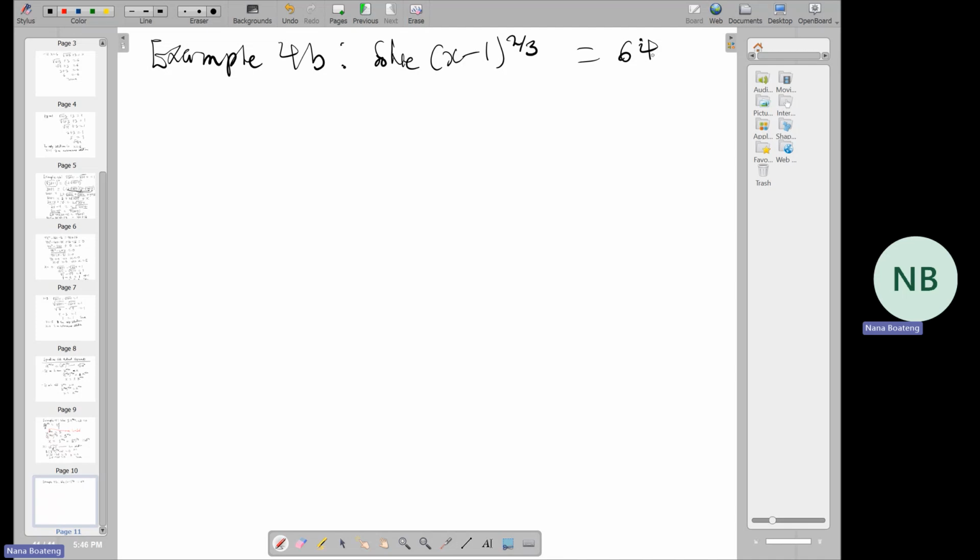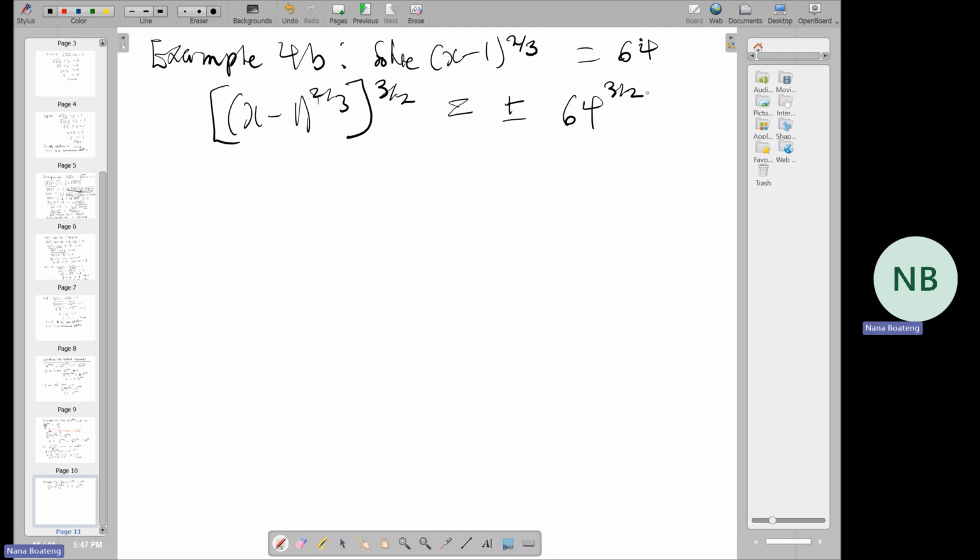All right, so from here, we can raise both sides to the power 3 divided by 2. So we have x minus 1 power 2/3 times 3 divided by 2 is equal to plus or minus 64 power 3 divided by 2.